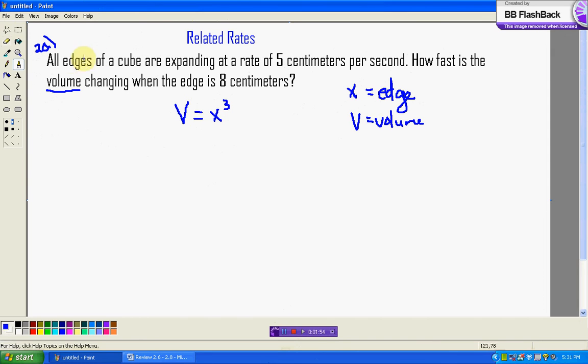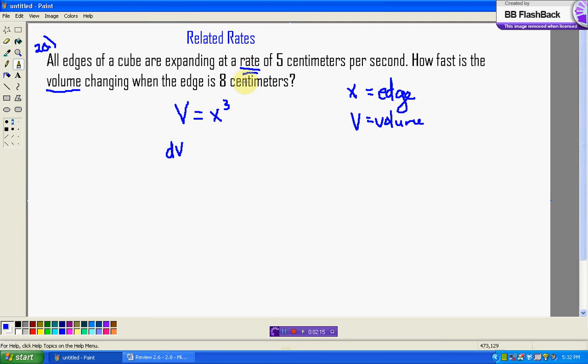It says, all edges of a cube are expanding at a rate. Rate is the other nice little word that we have here. Rate deals with derivatives. When you see that, you're going to be taking the derivative of this formula, in terms of time. That's what a rate does.